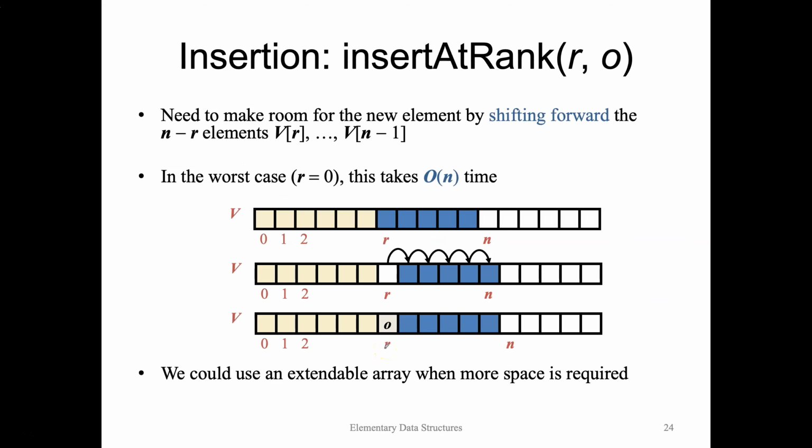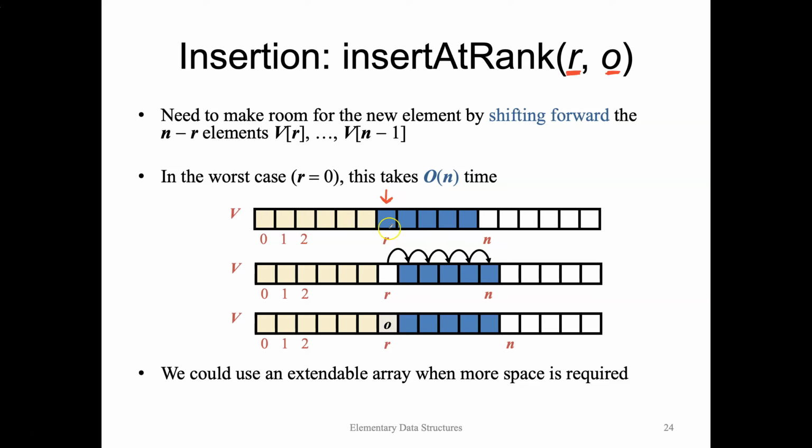Insert at rank. So we want to insert this new object O, and when we're done, it should have rank R. So it should have R items coming before it. So using an array, we have to find where that rank is. We can find where the rank is in constant time, just using access at index R of our array. But the problem is in changing the rank of all of the elements that come after it.